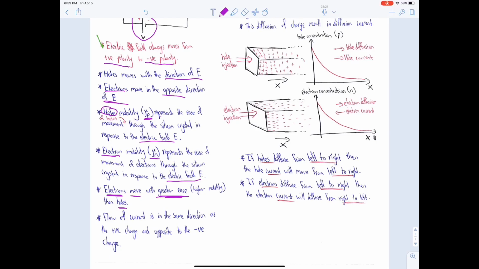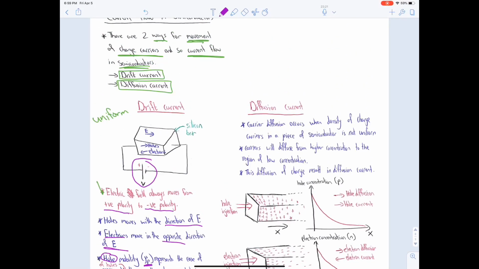Now, the flow of current is in the same direction as the positive charge. We already know this from our physics courses, and it is opposite to the negative charge. Okay, great. Let's move on to the diffusion current. When do we get a diffusion current? Diffusion current occurs when the density of charge carriers in a piece of semiconductor is not uniform.